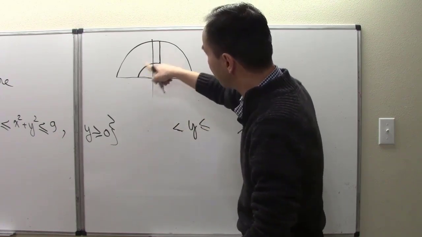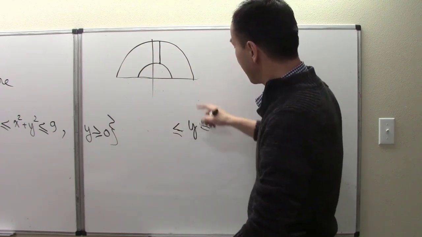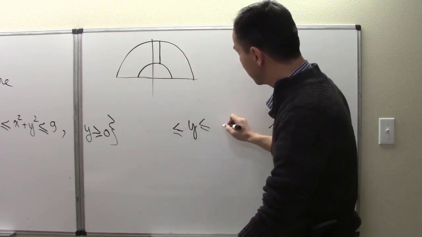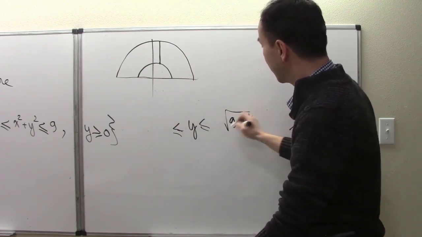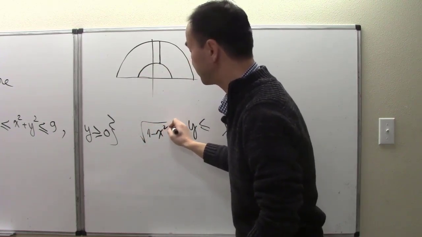And we're going to have to convert each of these into a curve in terms of x. The one on top is the square root of 9 minus x squared, and the one at the bottom is the square root of 1 minus x squared.